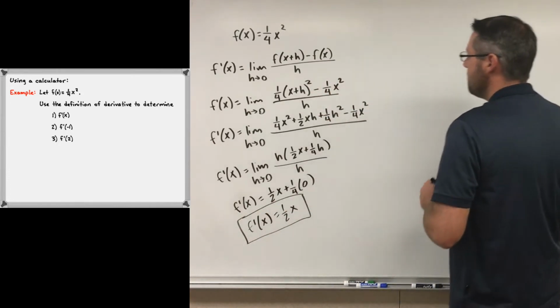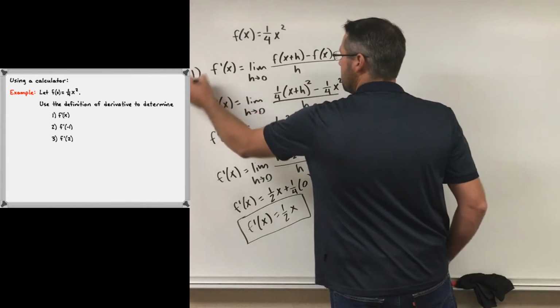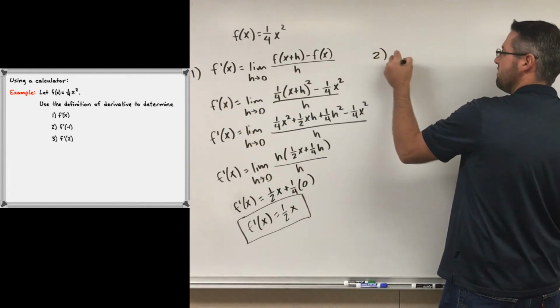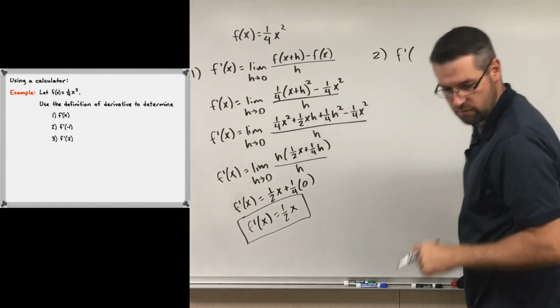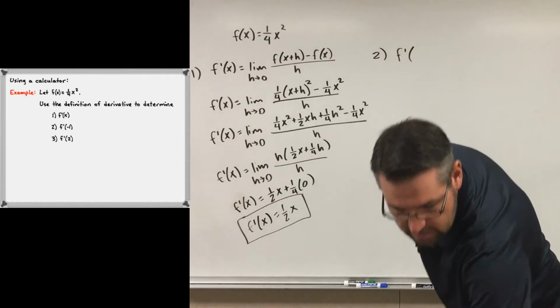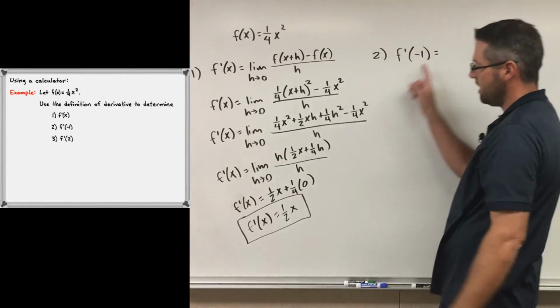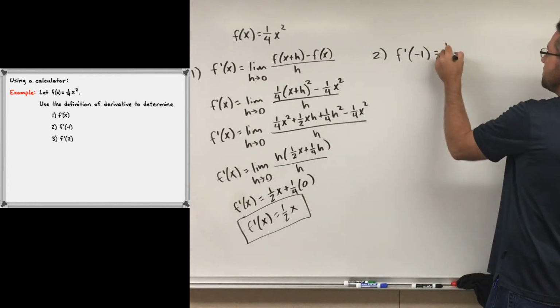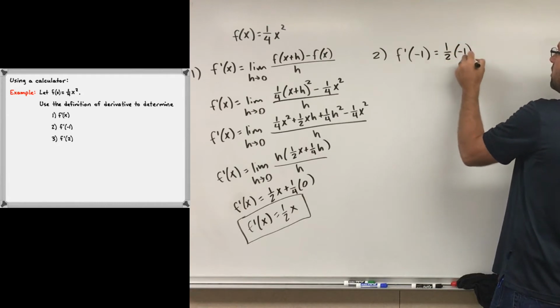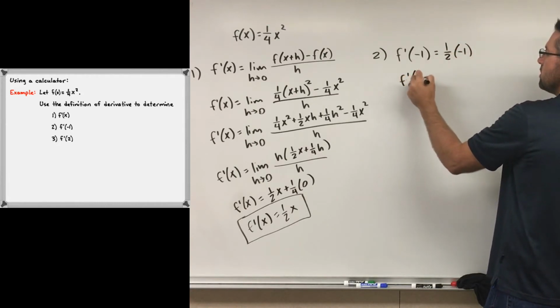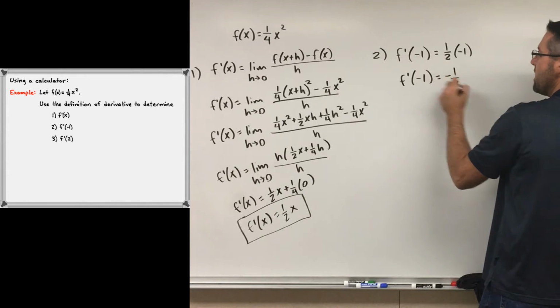Okay. Number two is asking for the derivative at a specific point. So we're looking for the derivative at -1. So f prime of -1, we can just take that -1 and plug it into our derivative function. That's going to be 1/2 of -1, which is -1/2. Okay, so we've got that.